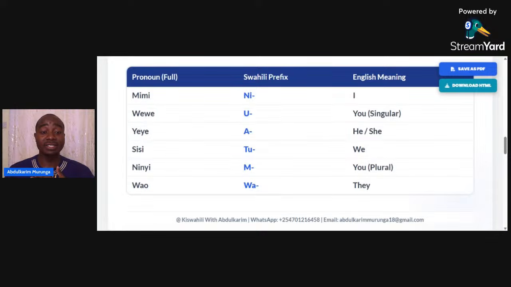Then we have yeye, him or her, which is represented by a. Sisi, the prefix is tu. Nyinyi, the prefix is m. Wao, the prefix is wa.